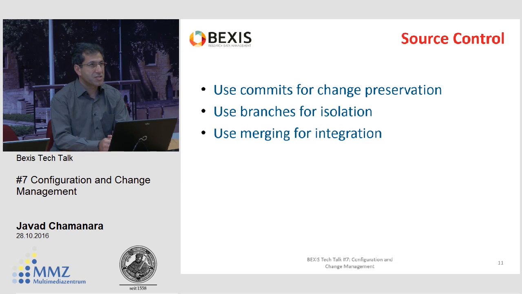And then we use branches for isolation. Anytime that we need an isolated area, we use branches. We don't use workspaces for isolation because workspaces are single-user isolated areas, but they are not team-level isolated areas.